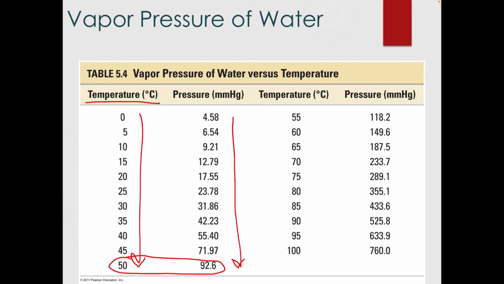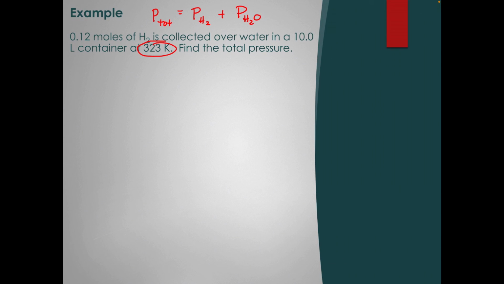That's going to be 92.6 millimeters of mercury. Since we're probably going to use the ideal gas law here, we'll take our 92.6 millimeters of mercury and divide that by 760 to get atmospheres. So this is 0.123 atm, and that's going to be our pressure of water.